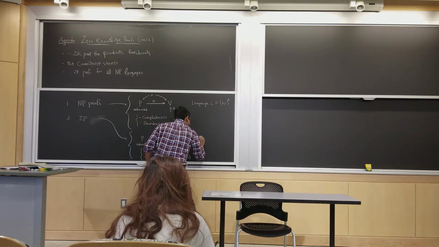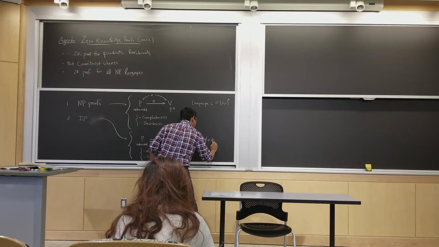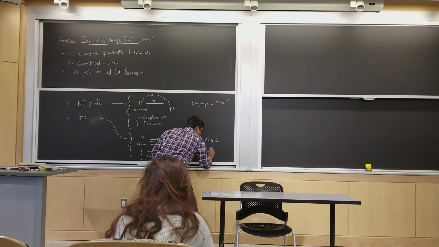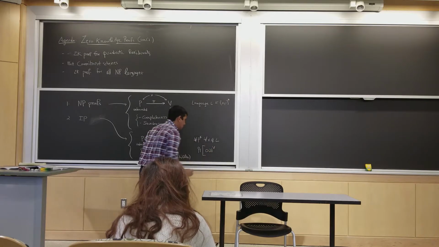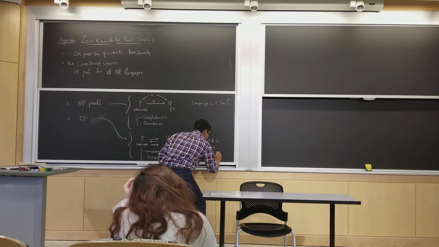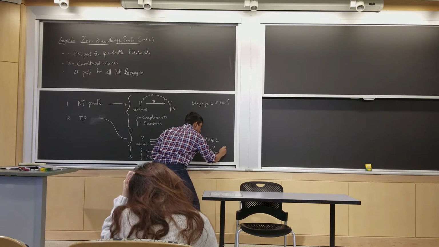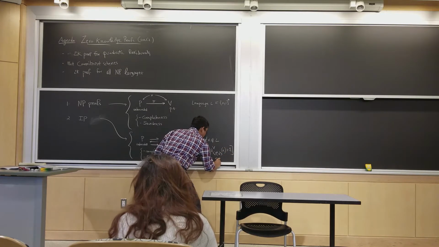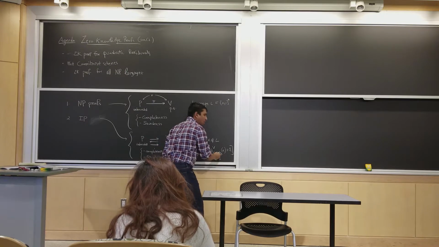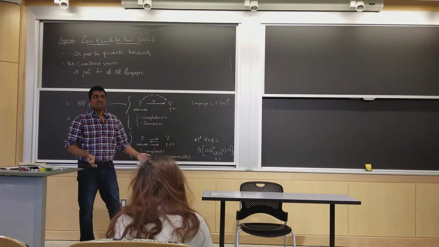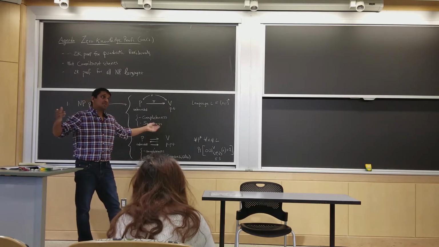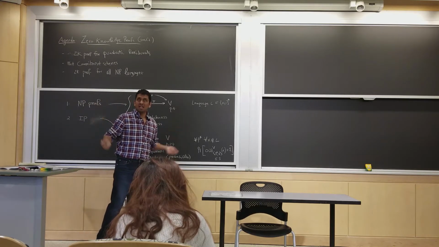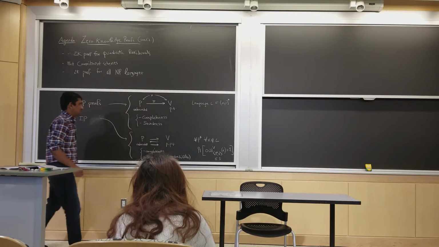For every prover P star and for every X not in the language, the probability that the output of the verifier, on interaction with P star, on input X is 1, which means accept, is at most some number S. So think of S as half. You can repeat it to get S as small as 2 to the minus something. Okay. Right, so these are the two options.